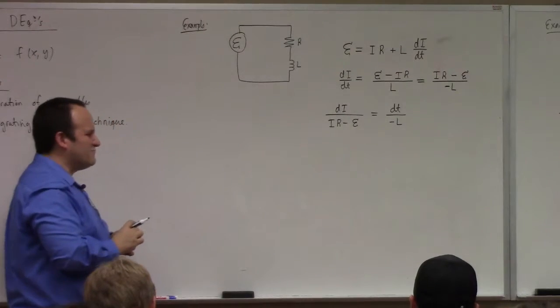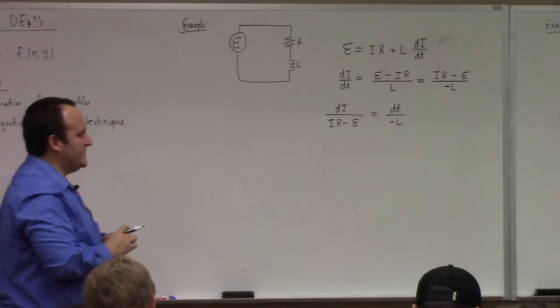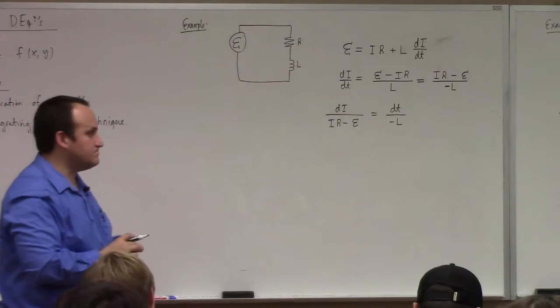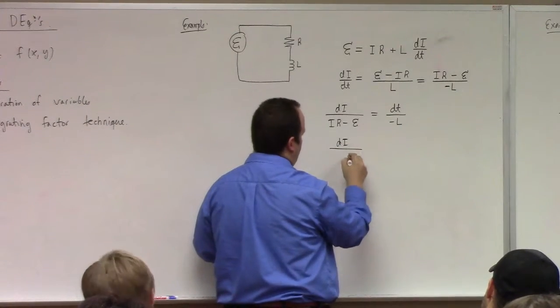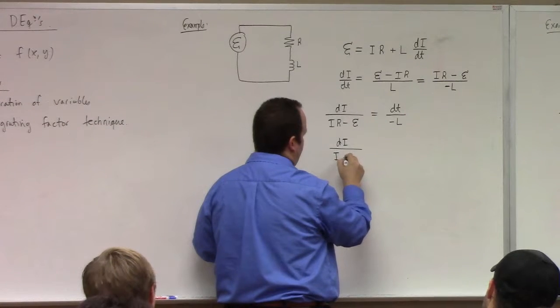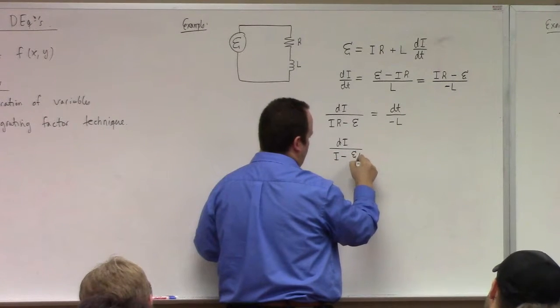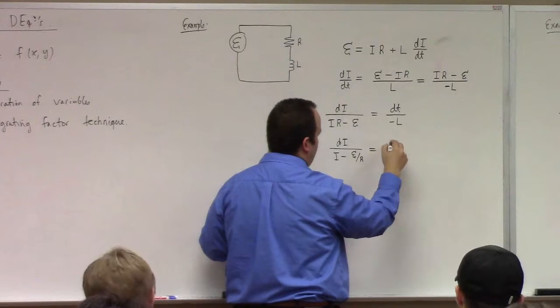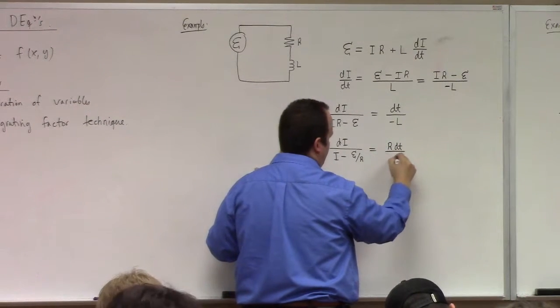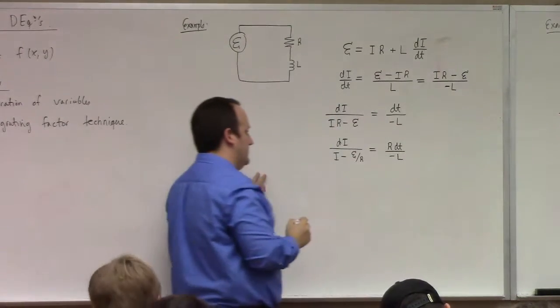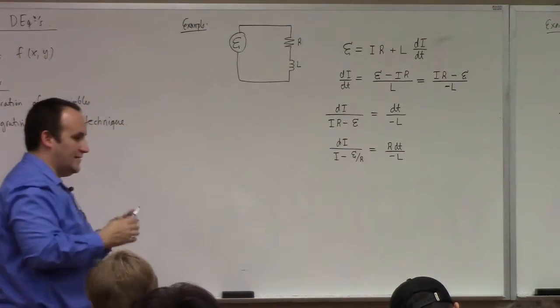So I'm going to multiply both sides of this equation by R, which gives me what? di over I minus E over R equals to what? R dt over minus L. All right, I'm happy. I'm content.